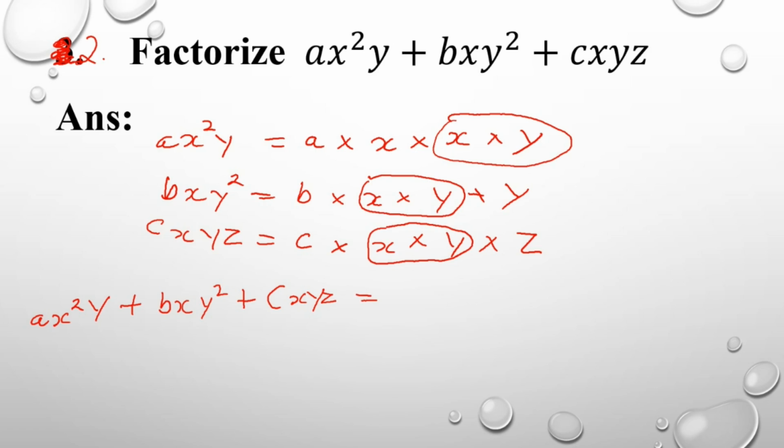Since we have removed xy, you write xy with a bracket. From the first term, ax square y, we have removed one x and one y, so the remaining is ax. For the second term, we have removed xy, so the remaining is by. For the third term, we have removed xy, so the remaining is cz. So this is the required factor.